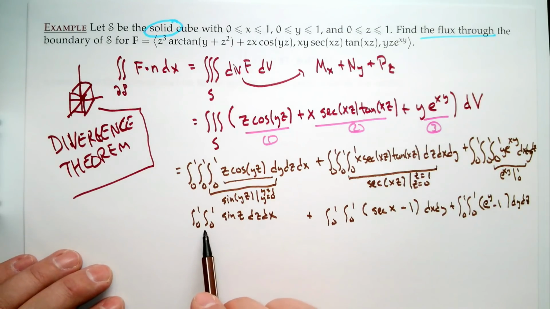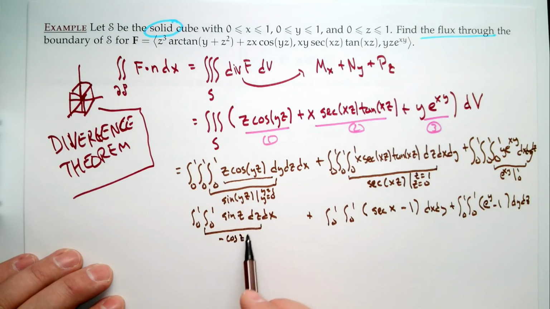What's the integral of sine? Negative cosine. And we're going to evaluate from 0 to 1. So this becomes integral 0 to 1 of minus cosine of 1 plus 1, because I'm going to subtract cosine of 0. So minus minus cosine 0.